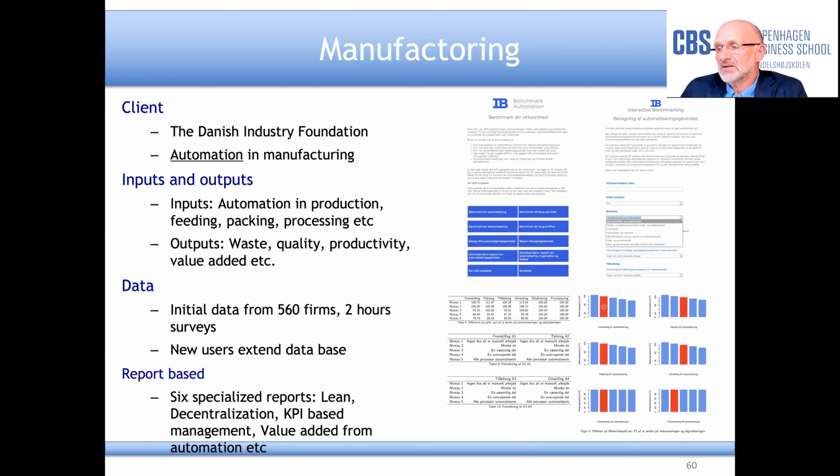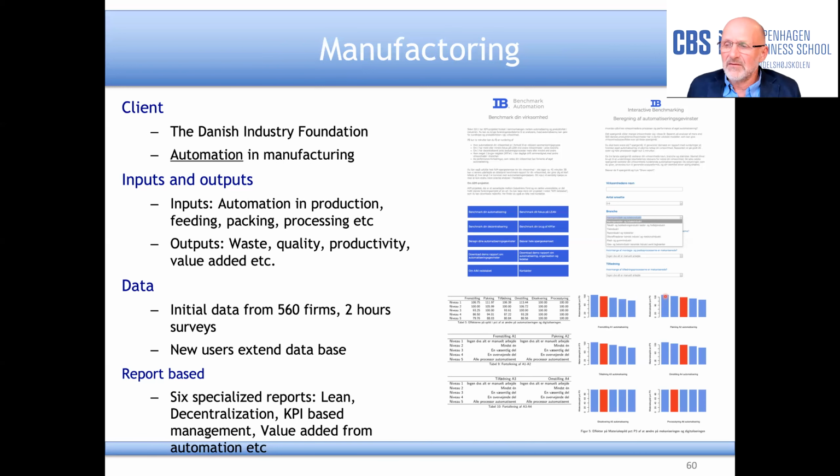And you see, for example, in the packing, they are sort of in the middle. They have automated some of the procedures, but not all of them. But if they were to automate all of them, they could reduce the waste from the red level here down to this blue level. And if they were to give up some of the automations, they would then increase the waste product up to this level here.